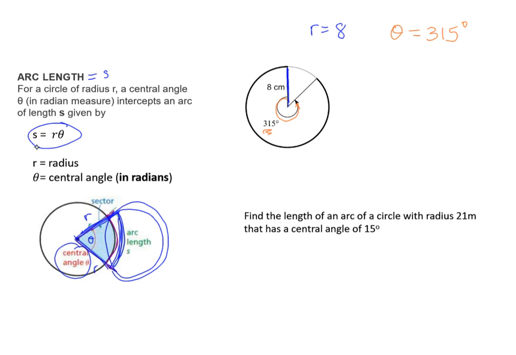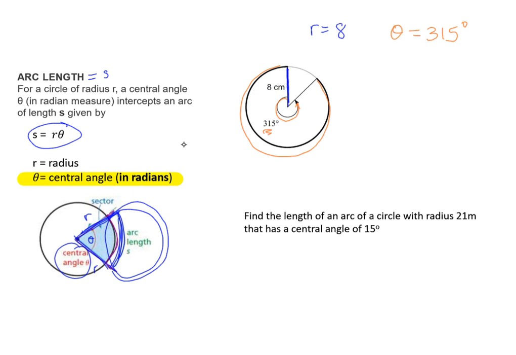Now this formula, s equals r theta, it doesn't make sense for me to multiply 8 by 315 degrees and have it be the length of this portion of a circle, right? That would be almost 3,000. So what this formula needs is for your angle to be in radians.